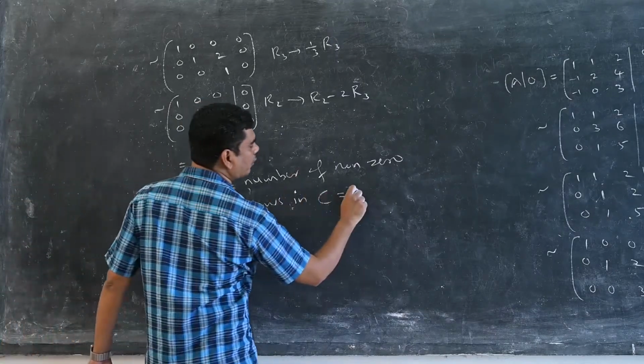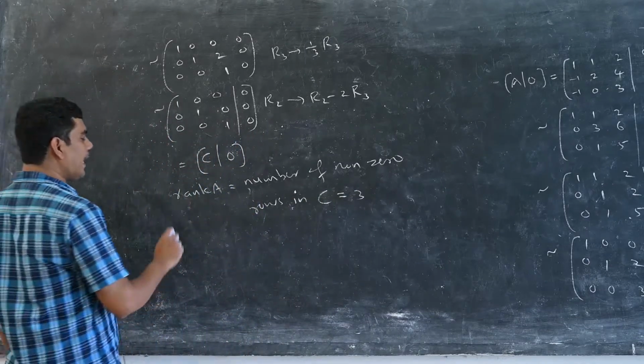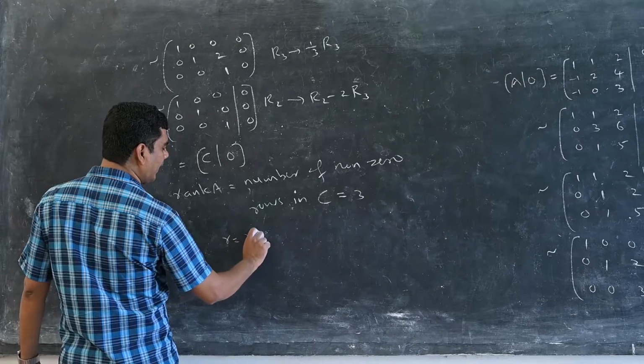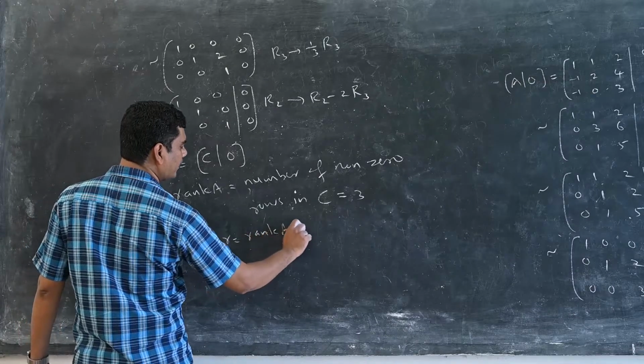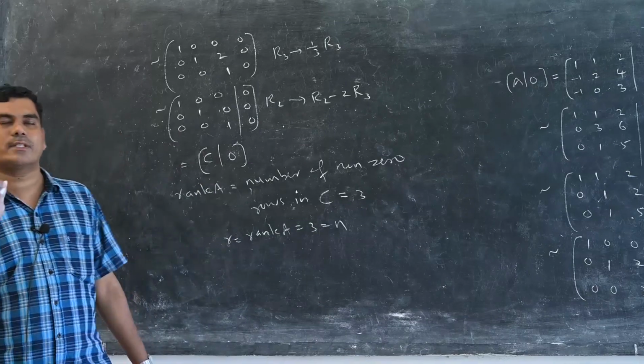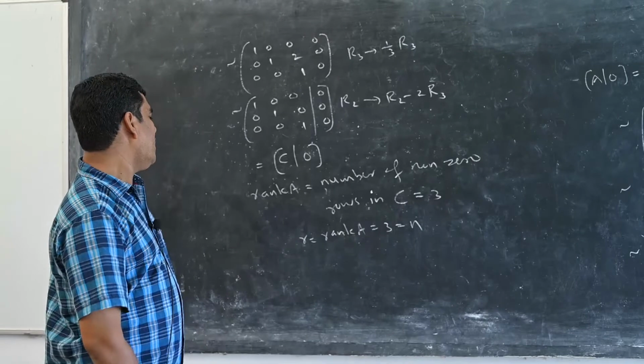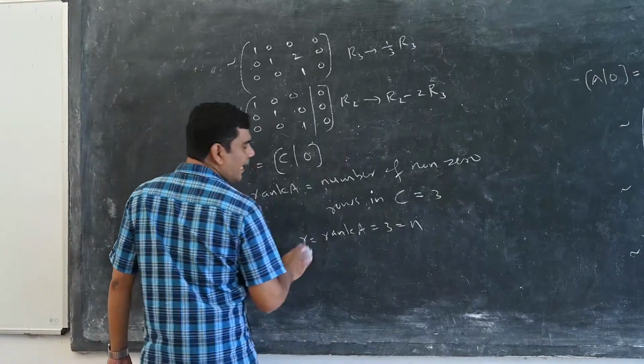So there are 3 non-zero rows. So rank A is equal to 3. Now rank A is equal to 3 is equal to n. Here n is the number of unknowns. There are 3 unknowns in the system, x1, x2, x3. So r is equal to n.